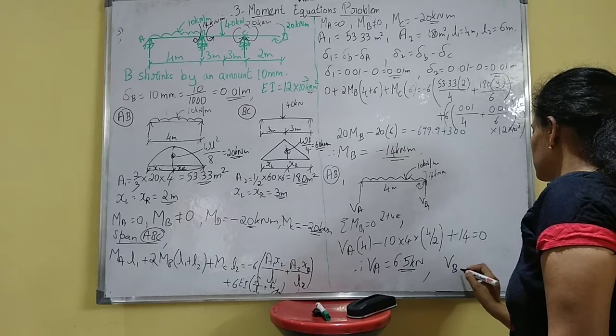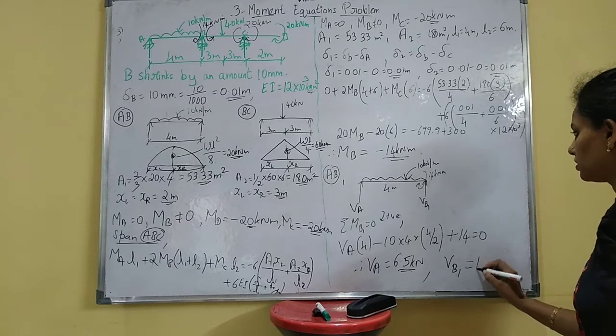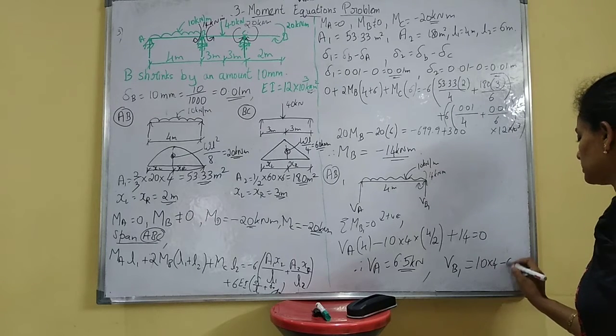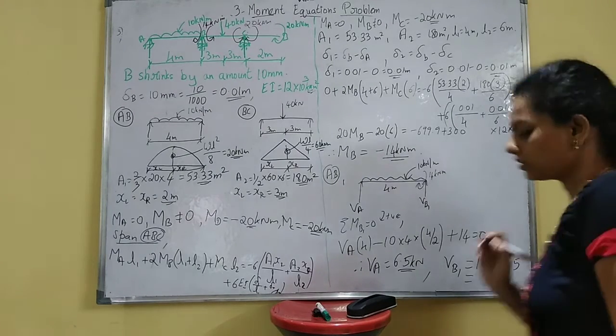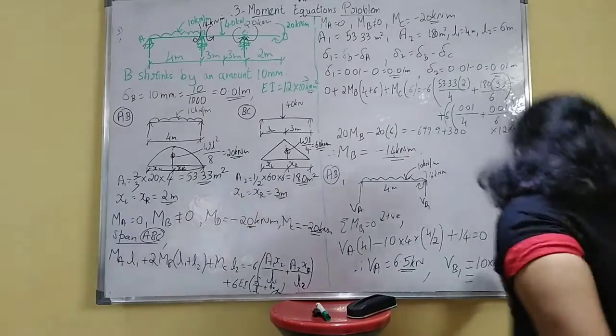VB1 is nothing but, you will have 10 into 4 minus 6.5, which is nothing but 33.5 kilonewton.